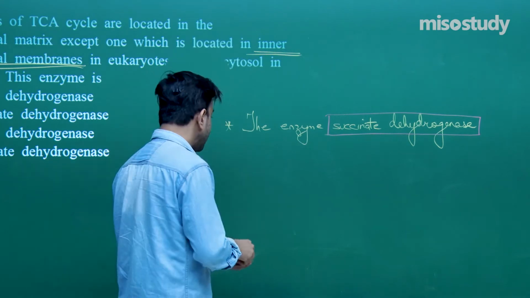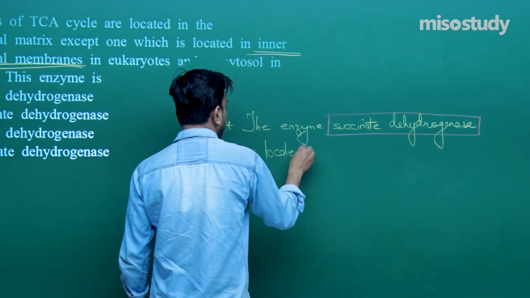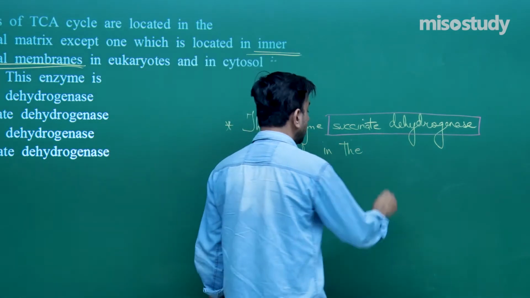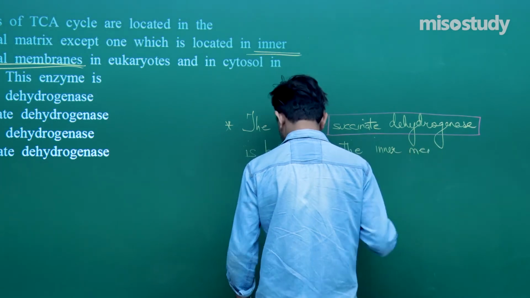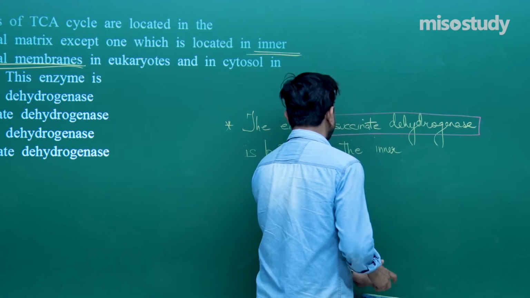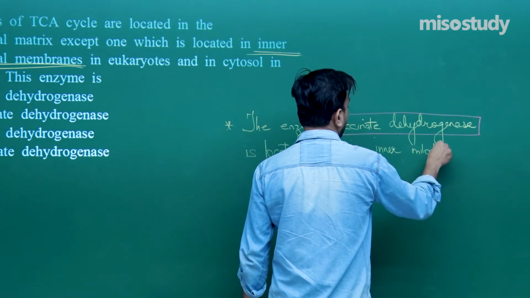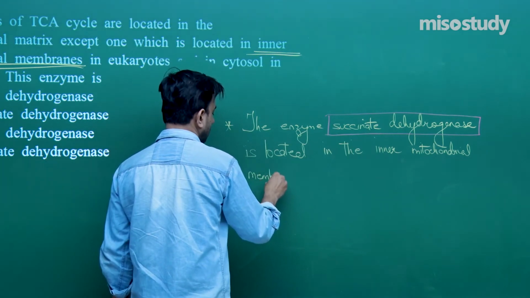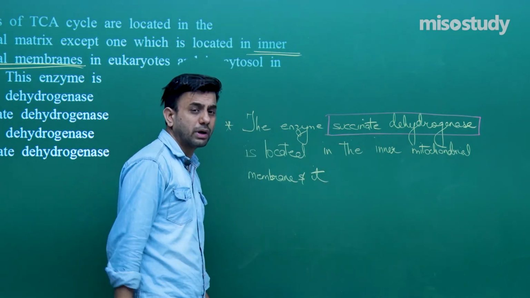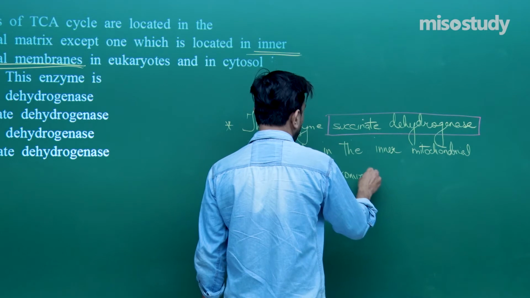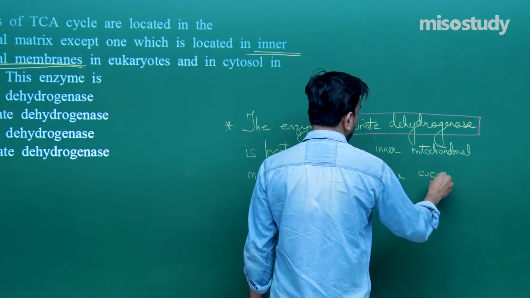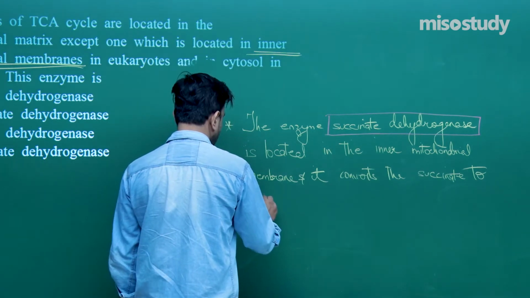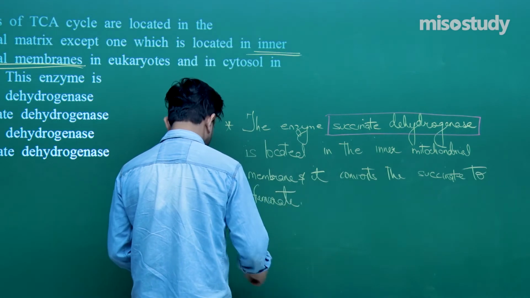The enzyme succinate dehydrogenase is located in the inner mitochondrial membrane, and it converts the succinate to fumarate.